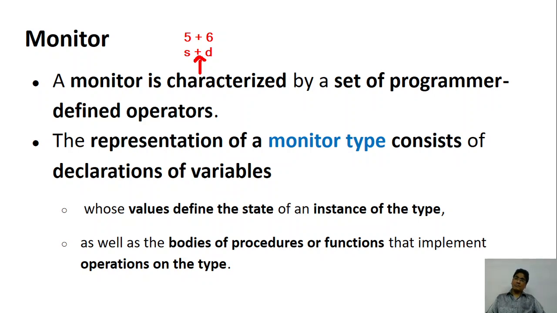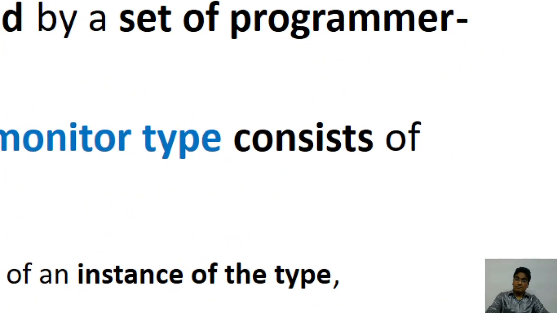We also have the monitor as a type, like you have an integer type, float type, or double type. Similarly, monitor is also a type. So you can think of creating a variable of type monitor, which will be easier. When we say it is a type, there must be some operators that will operate on it.